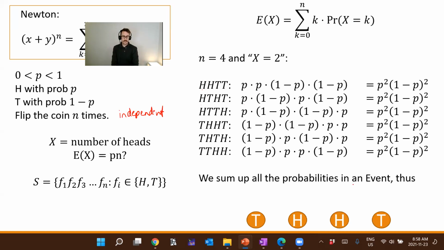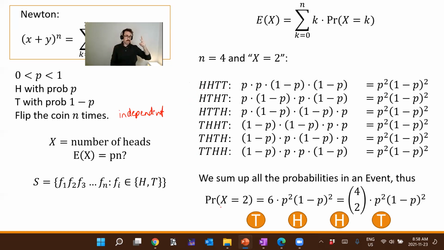So we sum up all of the probabilities in the event. This is the event, this is the subset. There are 1, 2, 3, 4, 5, 6 outcomes in that event. Each of them has a probability of p squared times 1 minus p squared. So the probability that X is equal to 2 is 6 times p squared times 1 minus p squared. But how did we get this value 6?